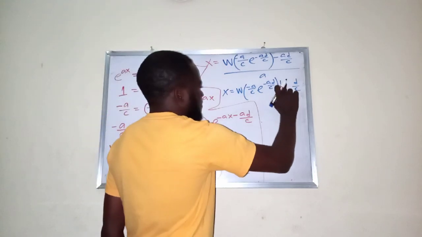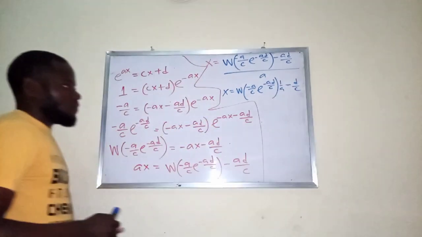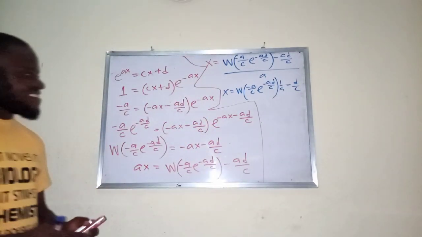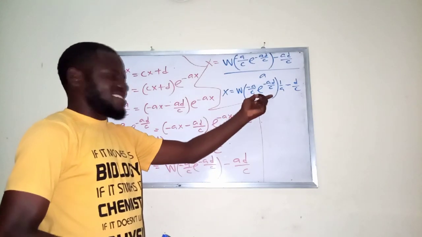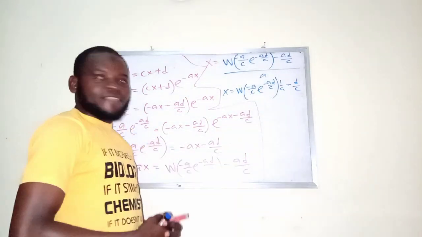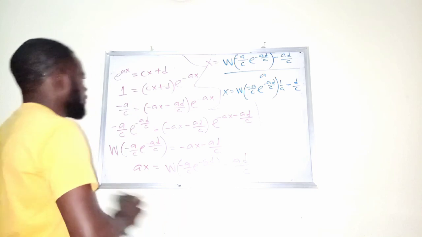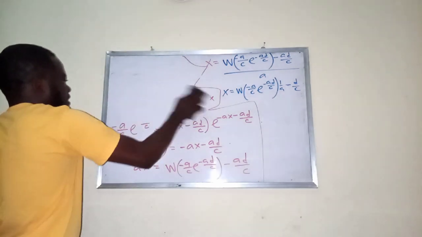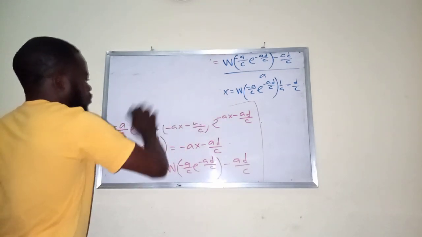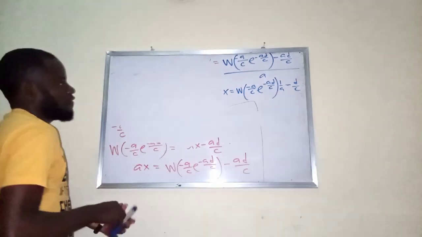Okay, let me separate this so that you can see. So you can see this now that our x is now this. So let me write it boldly so that you have it as our general solution to any equation of that form.